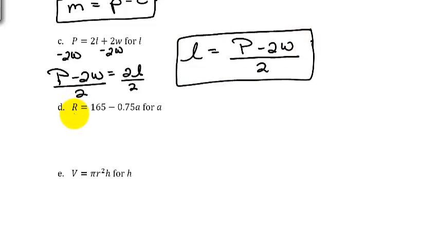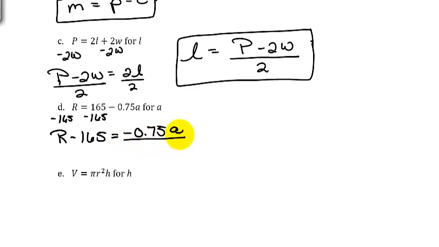In our next one, we have R is equal to 165 minus 0.75a, and we want to solve this for a. So we need to get this thing alone, which means I need to move this 165 over. So I'm going to subtract 165 from both sides. That gives me R minus 165 equals, now remember this is negative 0.75a.